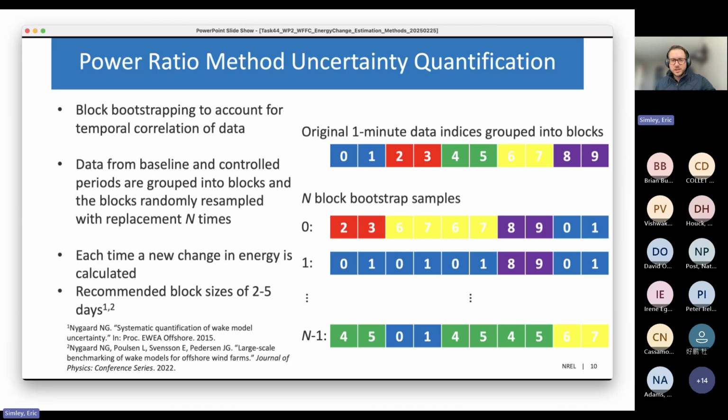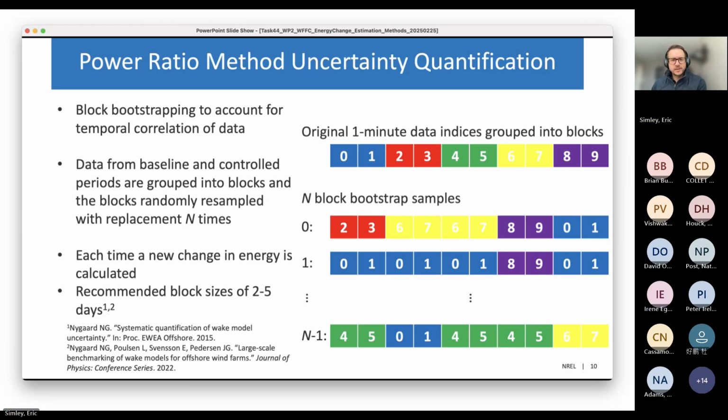I think the idea is just to always keep those samples together, so they're included at the same time when we're computing the change in energy, just because in reality there would be that temporal correlation. So we would likely end up with multiple samples that are highly correlated because they occur near the same time.